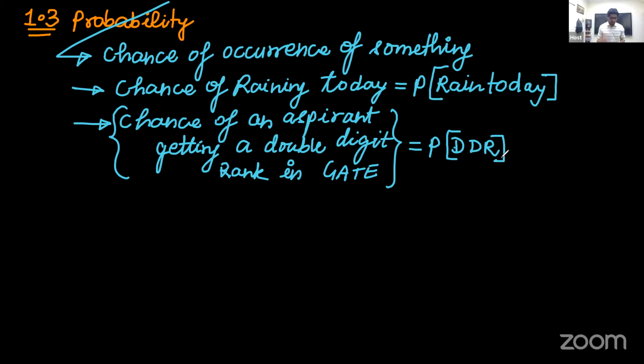This probability is 0.37 if you are a student of Mission DDR batches, and 0.04 if you are a student of other batches. I'm not saying that even in DDR batches you are going to get this, but the probability is, of course, very much high. Why? Because of the grilling that takes place for the whole year, because of the discipline that is forced on you for the whole year.